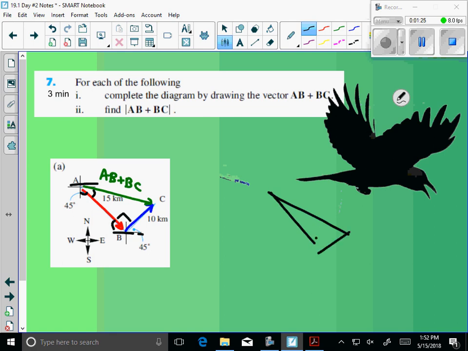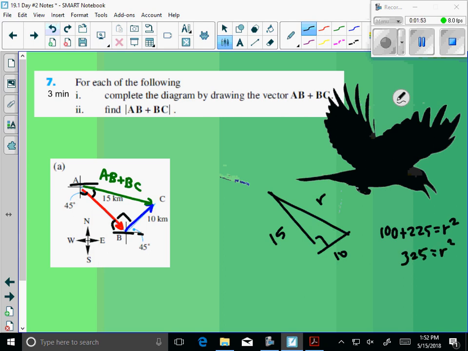Okay, so I got myself a right triangle with a length of 15 kilometers, a length of 10 kilometers, and I want to find that length. Well, Pythagorean theorem would tell me that 100, which is 10 squared, plus 15 squared, which is 225, so 100 plus 225 will equal r squared. So that's 325.